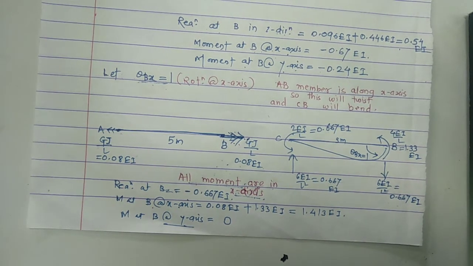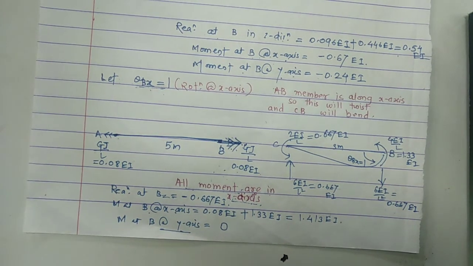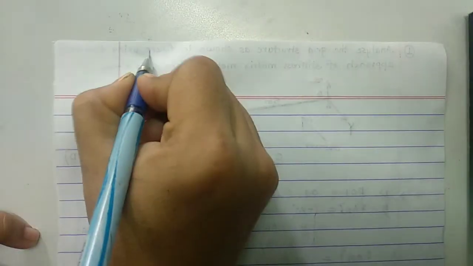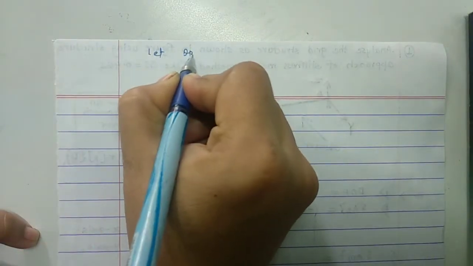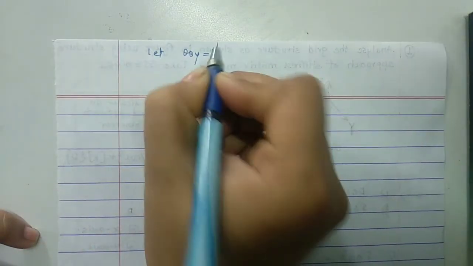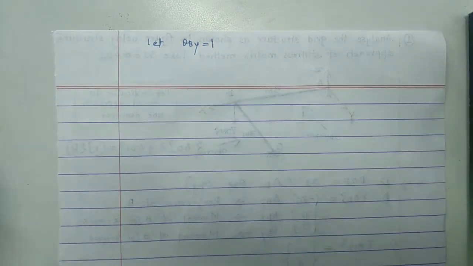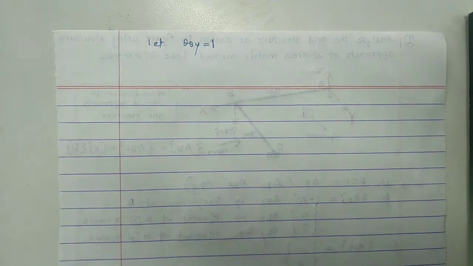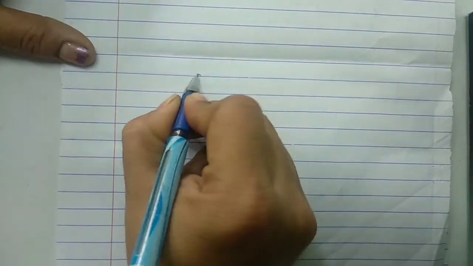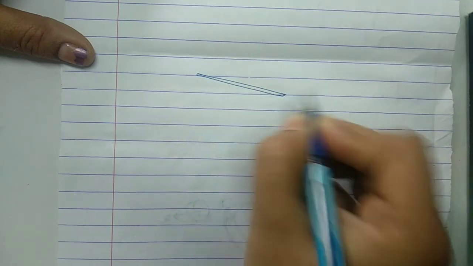Now the next step, that is when theta by equal to 1. Let theta by equal to 1. Okay, so when theta by equal to 1, again we'll see through the rough schematic diagram our original structure, that is this way.